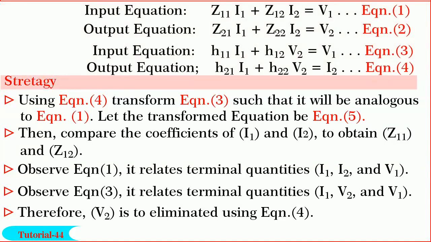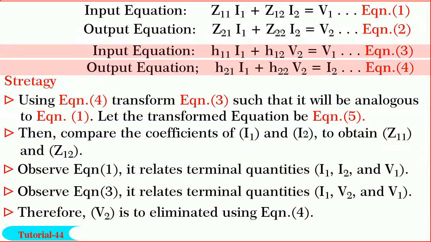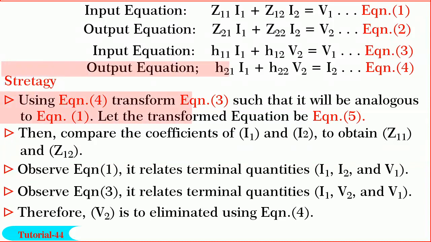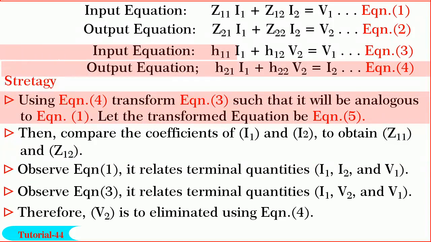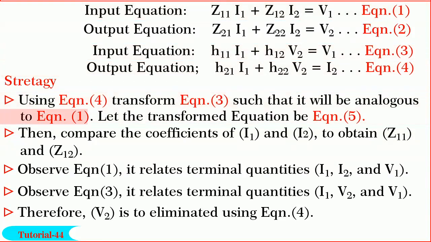The strategy of obtaining the expressions will be to consider the two equations of the parameter you know, that is, H parameters. The first step will be using equation 4 to transform equation 3 such that it is analogous to the input equation 1. Let the transformed equation be equation 5.